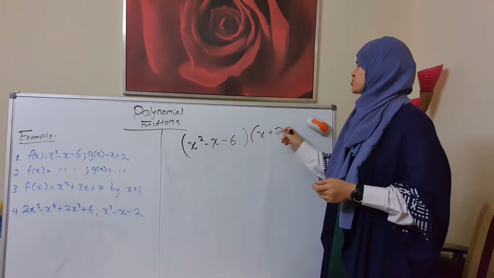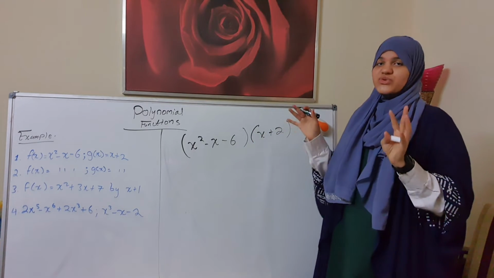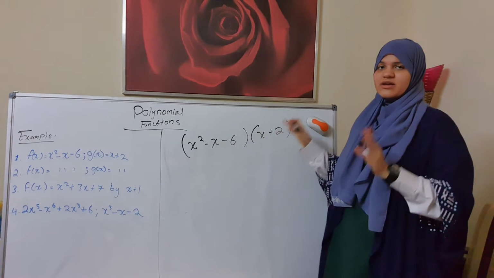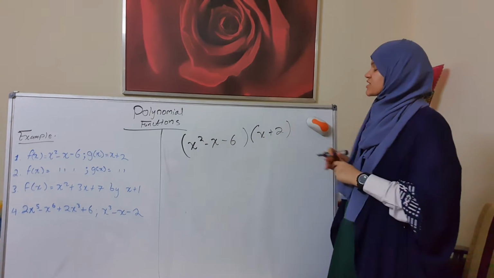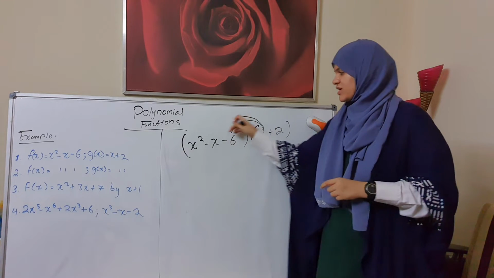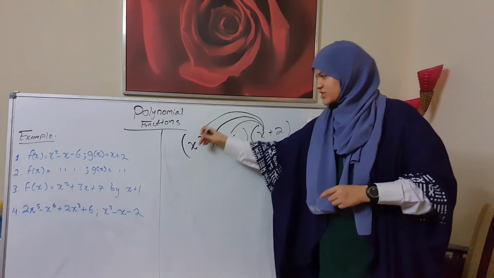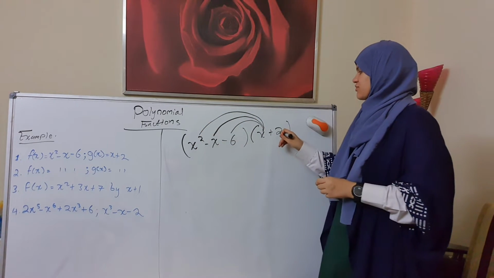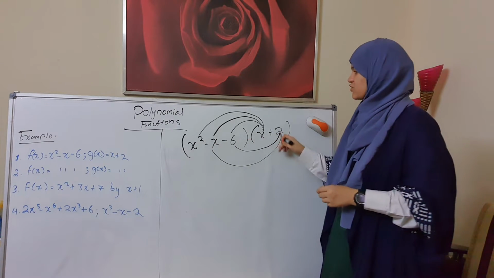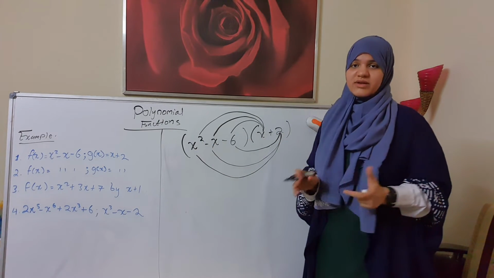Now we multiply each term by the other. For example, we can multiply x by negative 6, x by negative x, x by x squared, and also 2 by negative 6, 2 by negative x, and 2 by x squared.